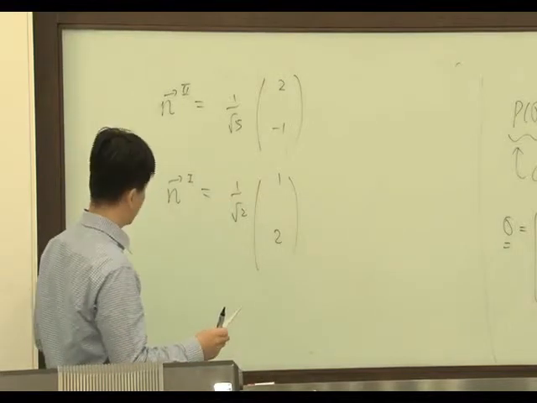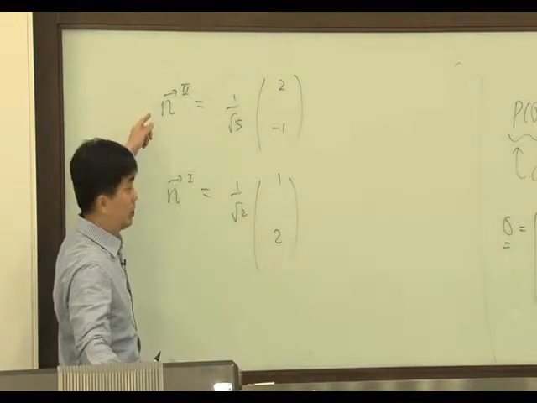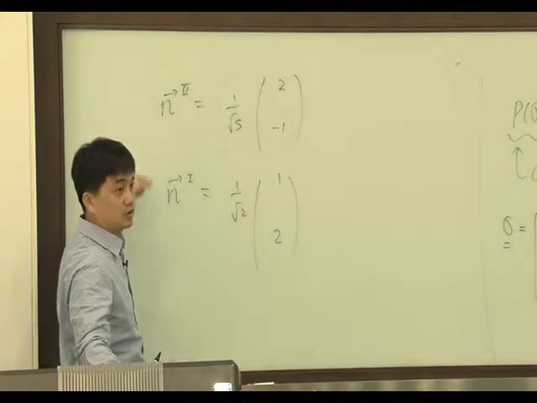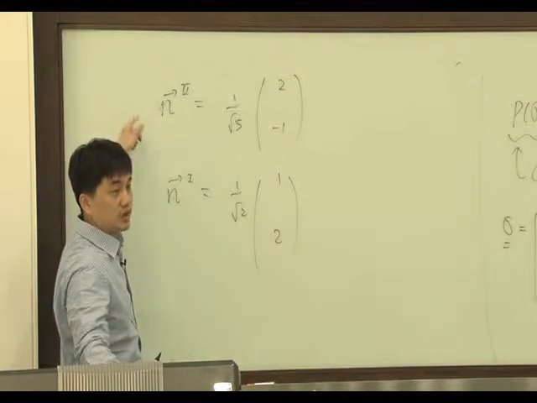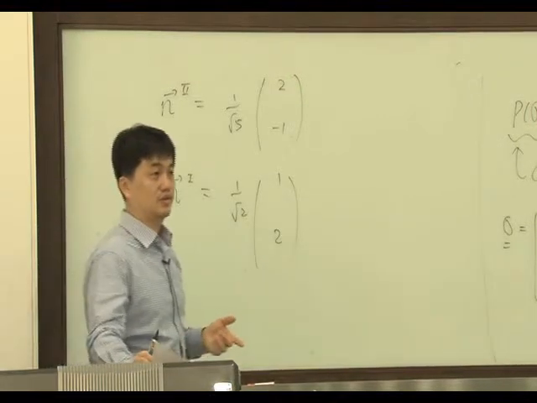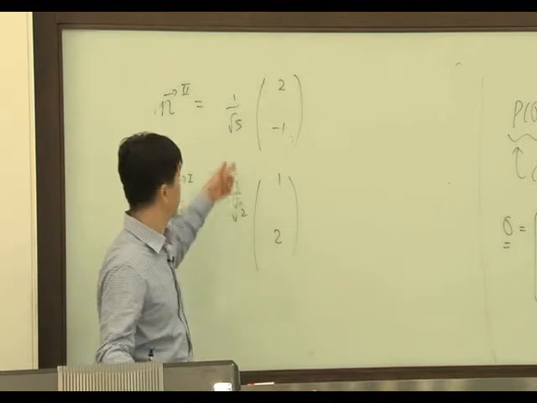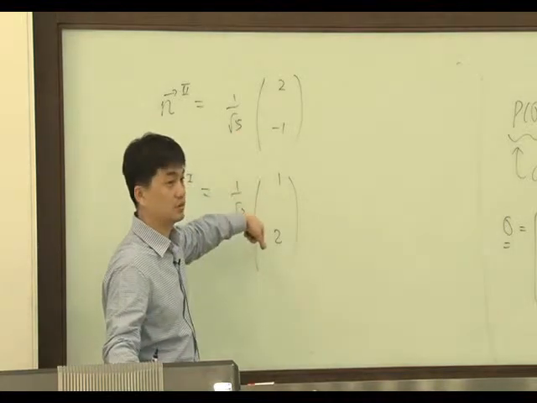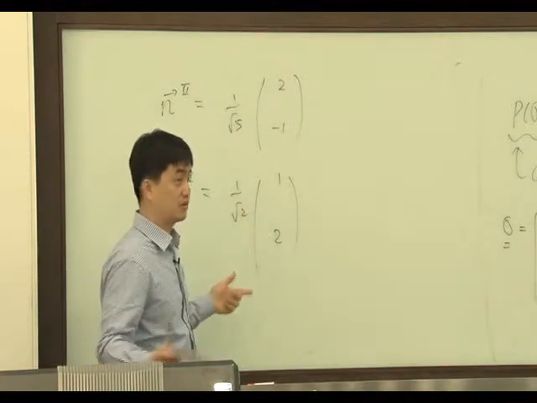So let's look at this. If you take the dot product of these two vectors, what happens? You take the dot product of (2, -1) and (1, 2), and it is 0, right?